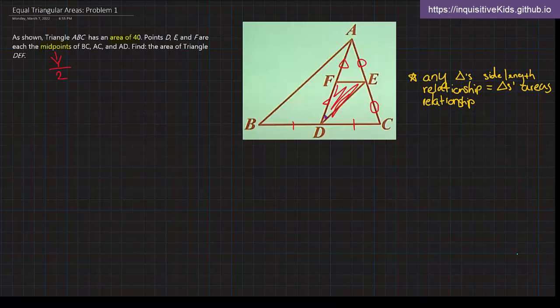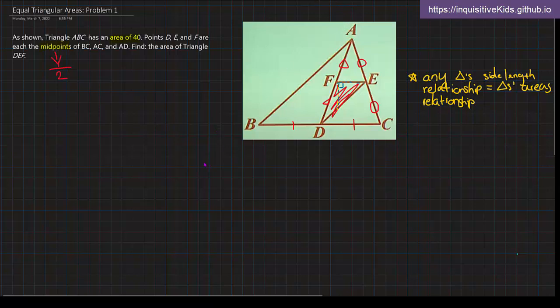So we know that when calculating this triangle's area, we need to have the height, and we need to have the width, which is also called the base sometimes. And we will notice that the height and the base are 1/2 that of triangle ABC because of the midpoints.